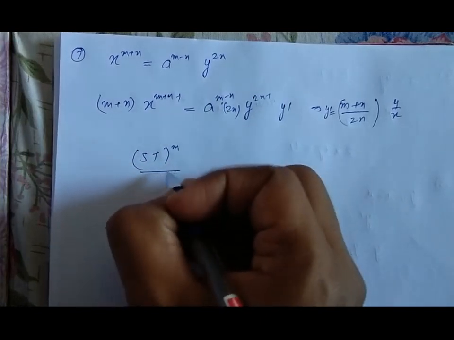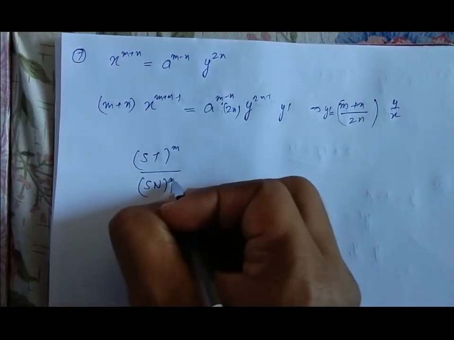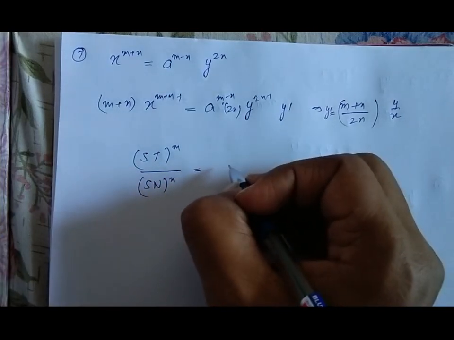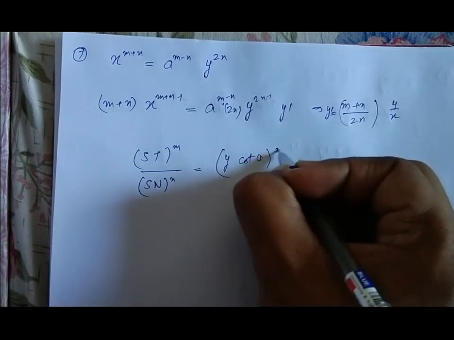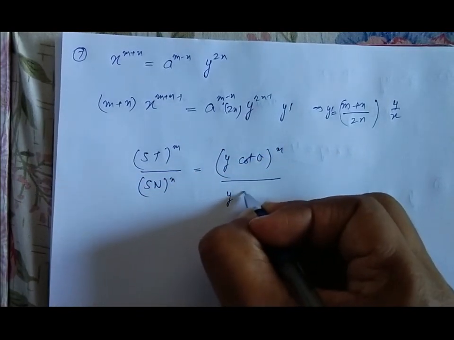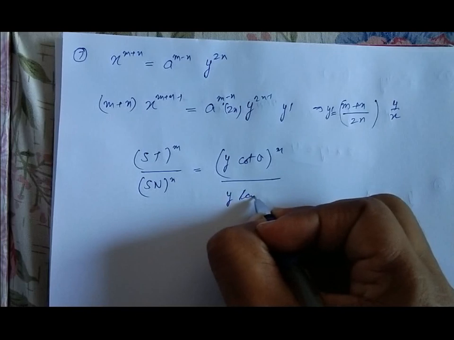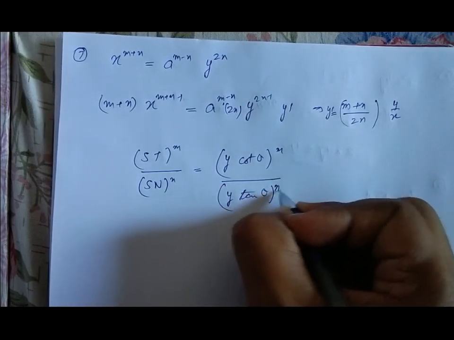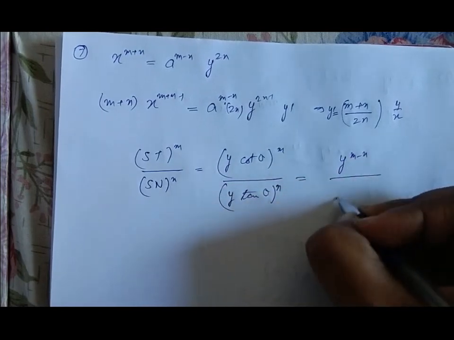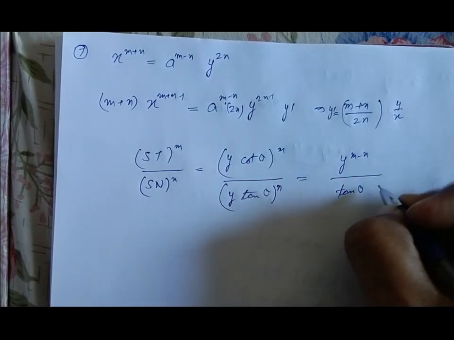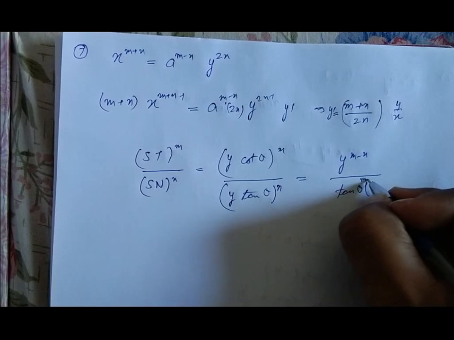Now st power m upon st power n is equal to y cot theta power m upon y tan theta power n, tan theta power m plus n.